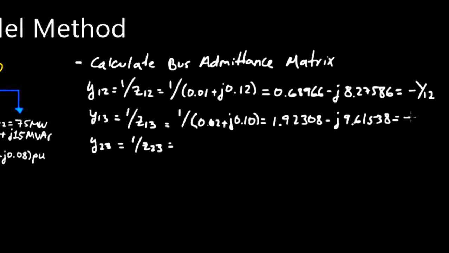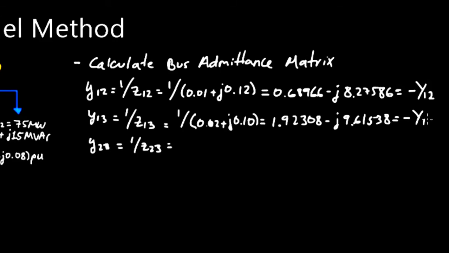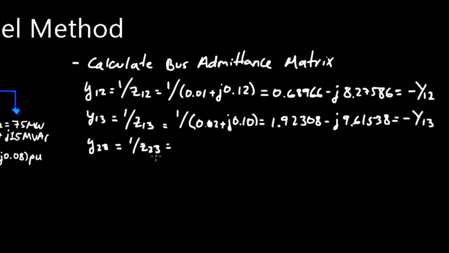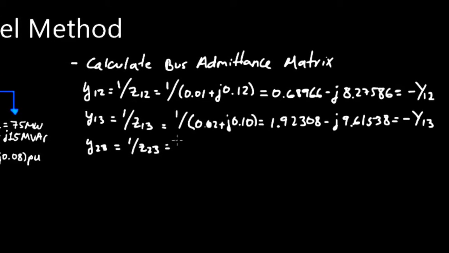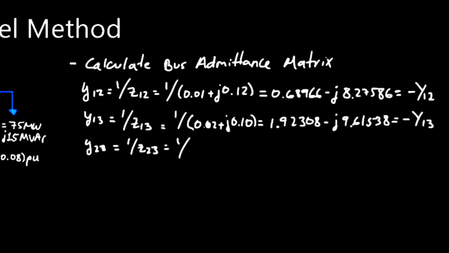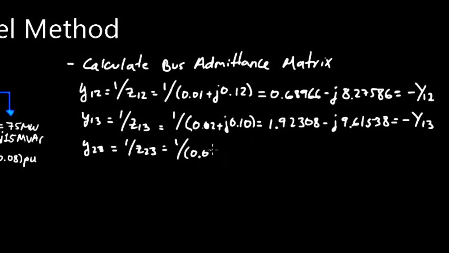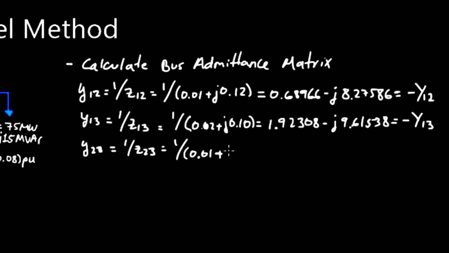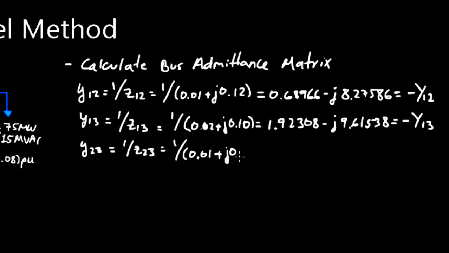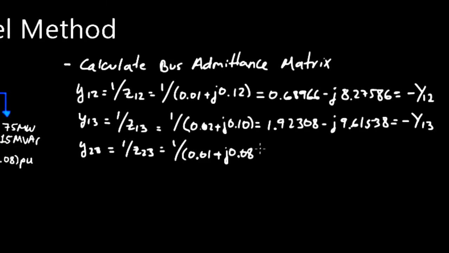And again, that's equal to minus uppercase Y13. And then lastly, 1 over Z23. So 1 over this impedance over here. So 0.01 plus j0.08.